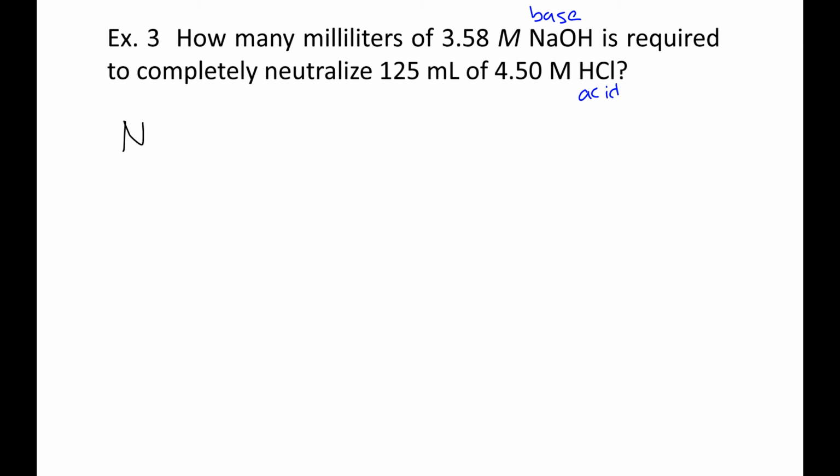So Na is 4.50 molar, and there's only one H, so it's times 1. So it's 4.50 normal. VA is 125 milliliters.